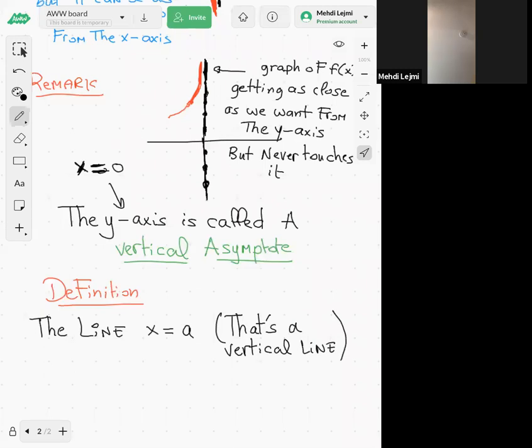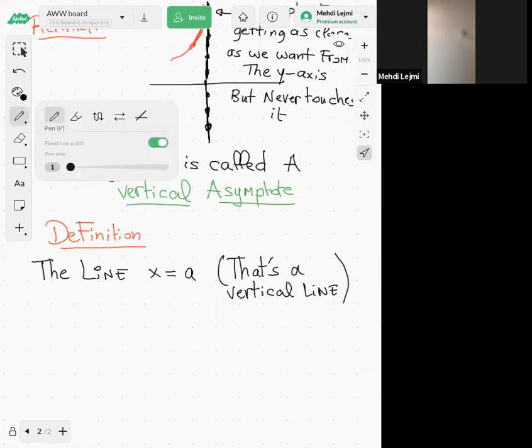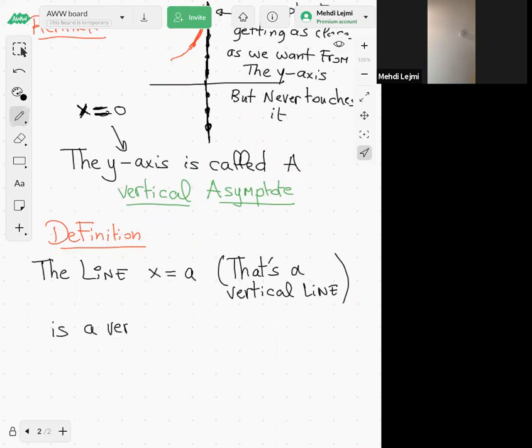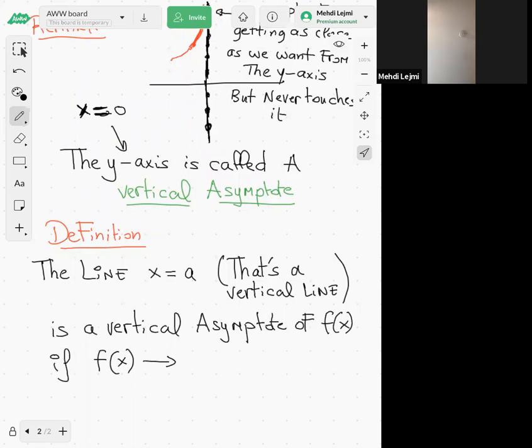So the line x equal to a is a vertical asymptote of f of x if f of x approaches positive or negative infinity as x approaches a from the left or from the right.